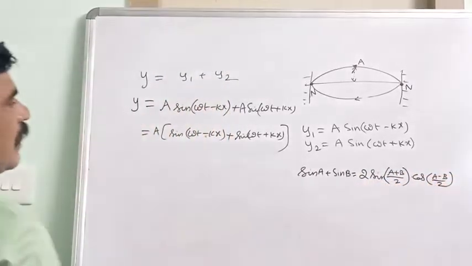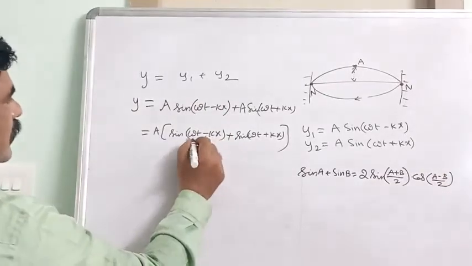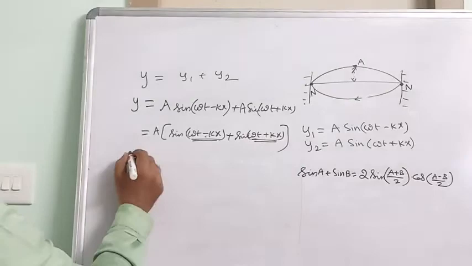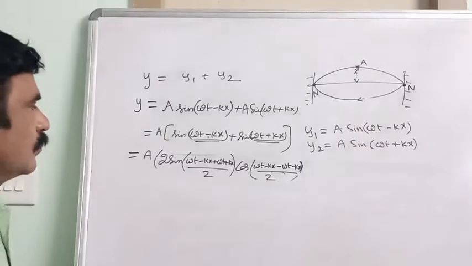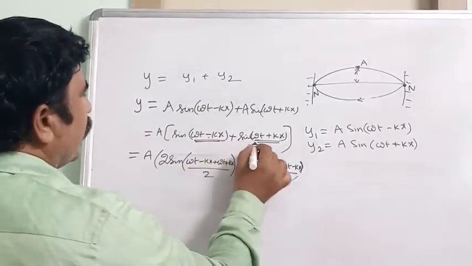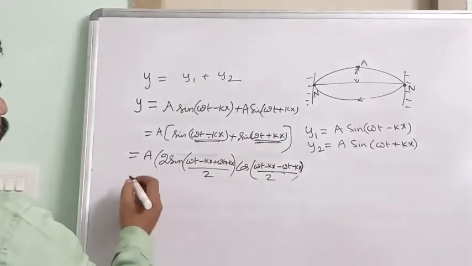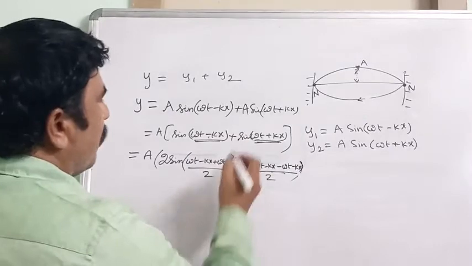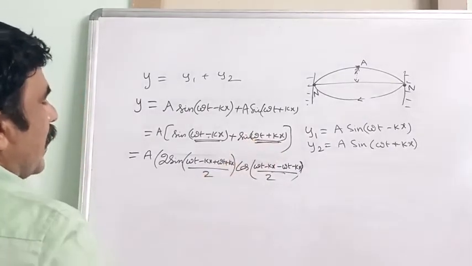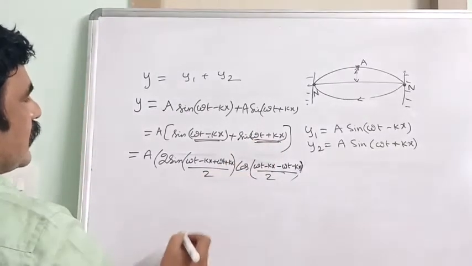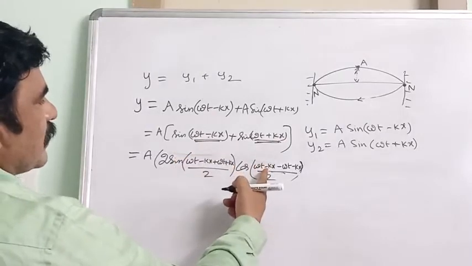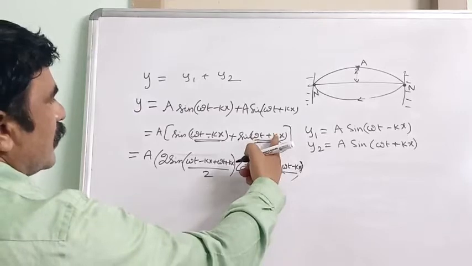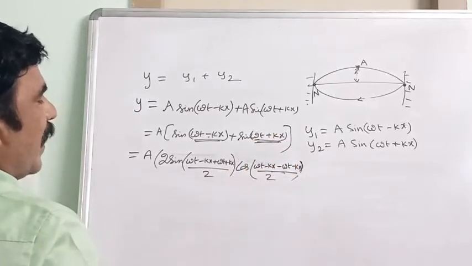Apply this formula here. Assume this is A and this is B. Substitute: 2 sin((ωt − kx + ωt + kx)/2) into cos((ωt − kx − ωt − kx)/2). Here the minus sign applies to both terms.